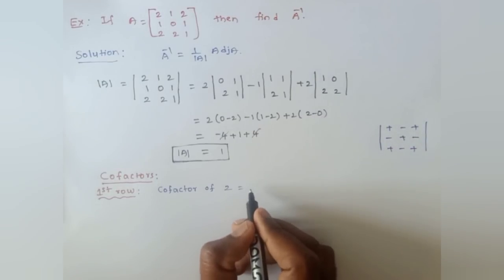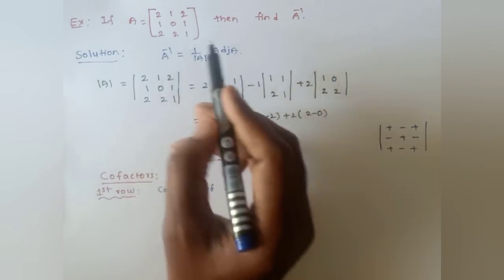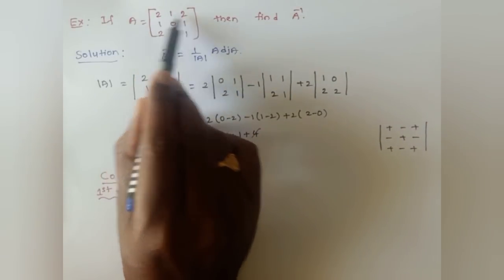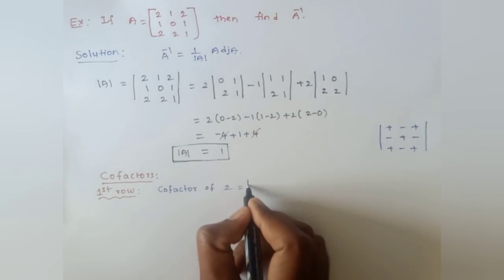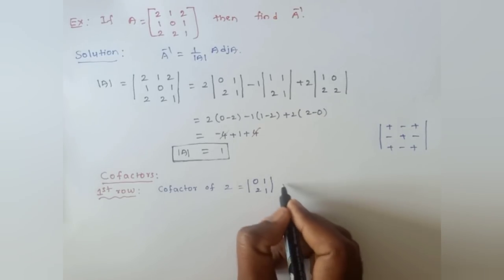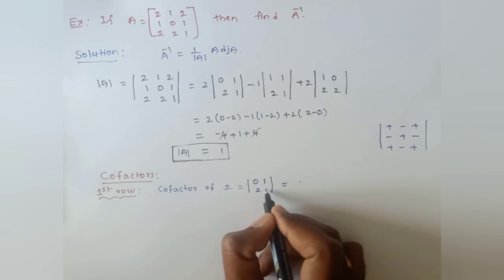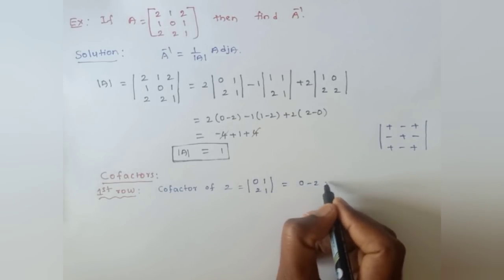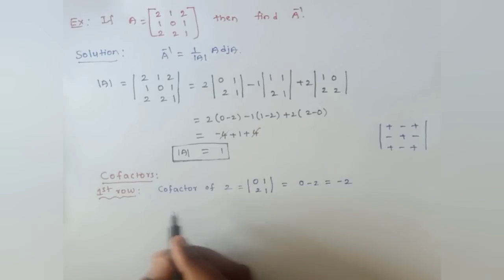So directly I am writing the sign. For finding this, now delete this row and column. Now this is 0, 1, 2, 1, which is 0 into 1, 0 minus 2, which is equal to minus 2.